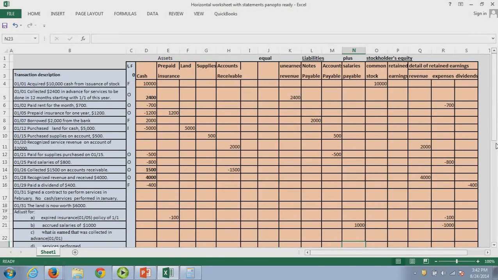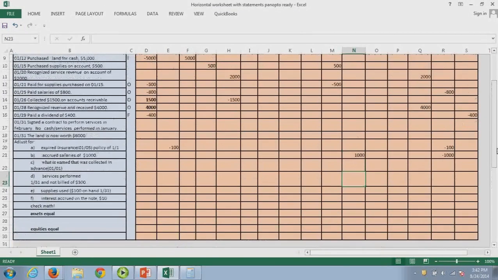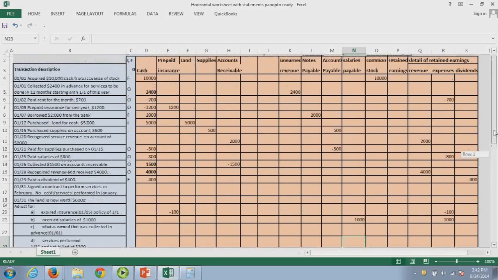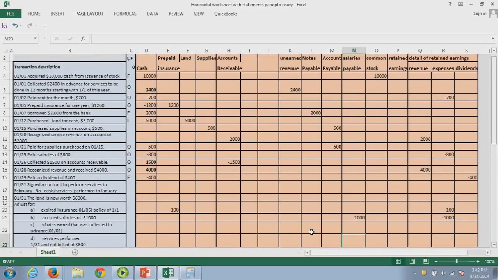So if you think of the adjusting entries, this is considered deferred revenue or earning the unearned. So we're going to look at the unearned revenue rather, which is a liability. And so of the $2,400 up here, we're going to reduce it by $200. And if you earn that, then it becomes, of course, a revenue.